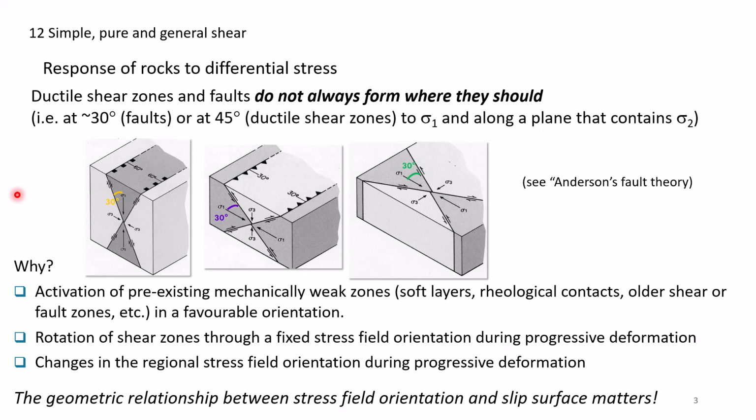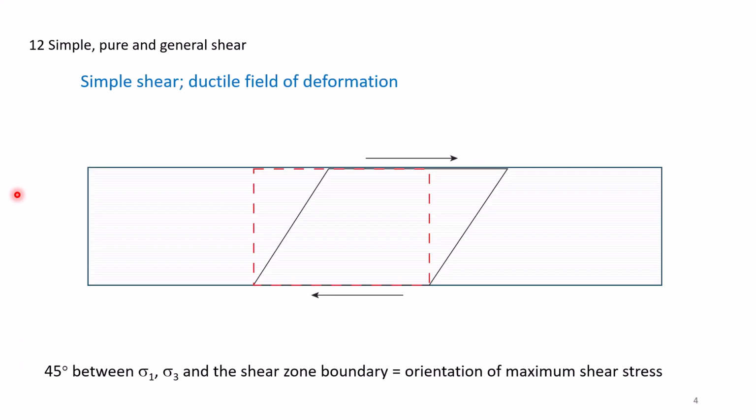Accordingly, the geometric relationship between stress field orientations and slip surface is an important matter in structural geology and in the kinematic analysis of rocks and regions.